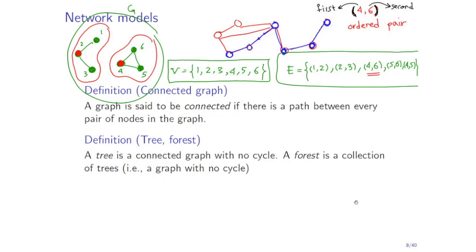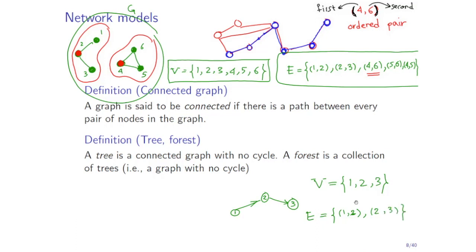So this notation is more appropriate for directed graphs, right? So when I have a graph like this, 1, 2, 3, then V is 1, 2, 3, and E is 1, 2, which simply means the edge starts from 1 and ends at 2, and 2, 3.